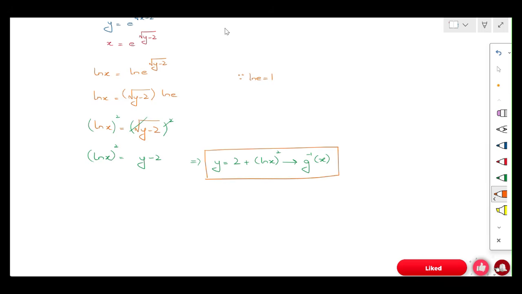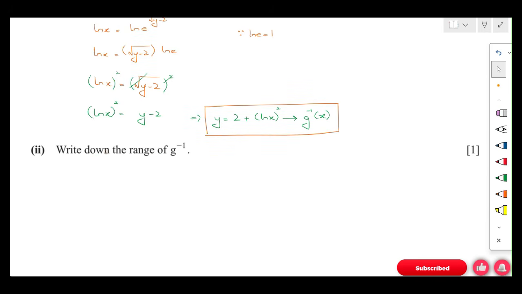Now for the second part, write down the range of g inverse of x. We can say the range of g inverse is basically equal to the domain of g of x. So what is the domain of g of x?